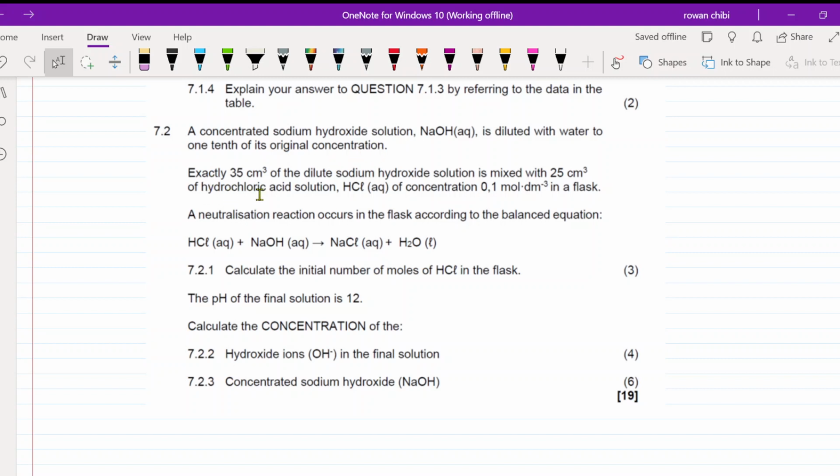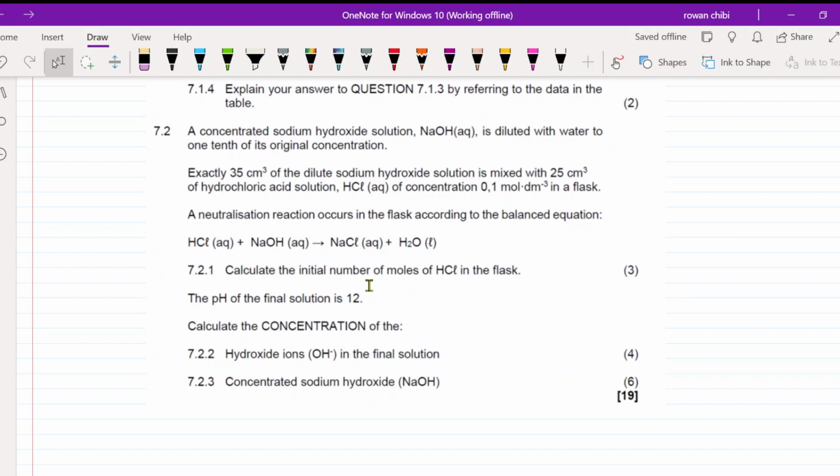They said exactly 35 cm cubed of this dilute sodium hydroxide solution is mixed with 25 cm cubed of a hydrochloric acid solution, HCl, of concentration 0.1 mole per dm cubed in a flask. A neutralization reaction occurs in the flask according to the balanced equation. So here is the balanced equation.